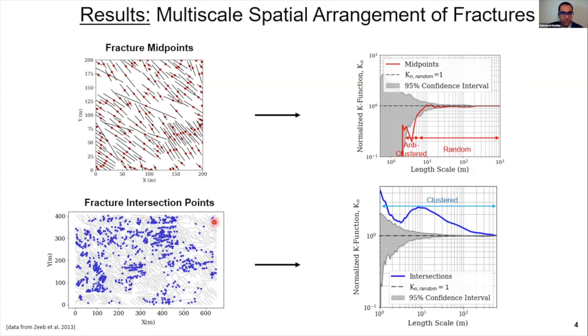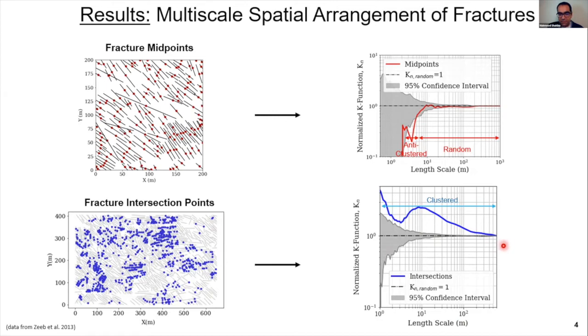When we look at the fracture intersection points in the second example, we can see that the line is always above the confidence interval. So we can say that this specific pattern is clustered across all the length scales that we are interested in. So using Ripley's K function provides an opportunity to perform a multi-scale characterization of fractures to see if they are random, clustered, or anti-clustered.